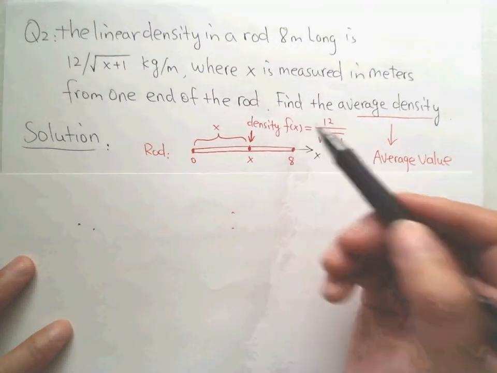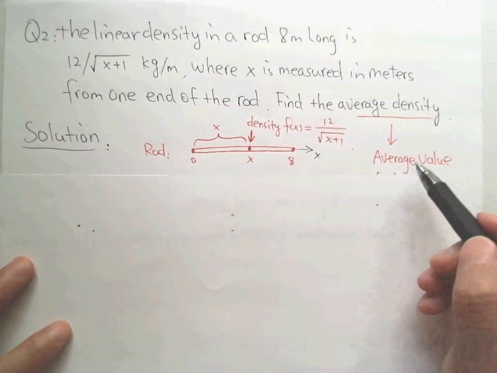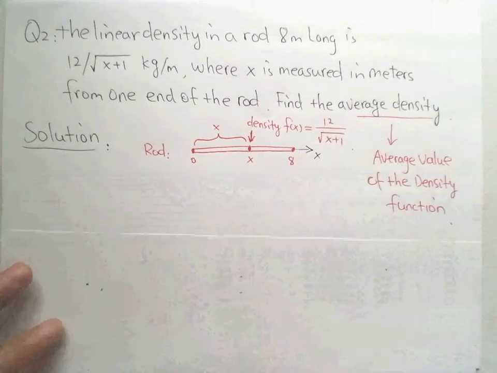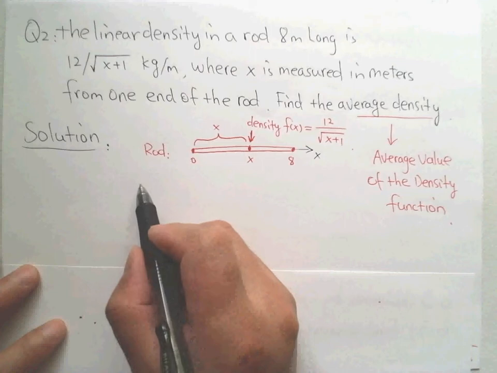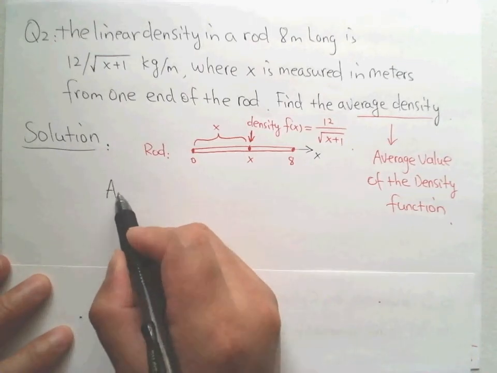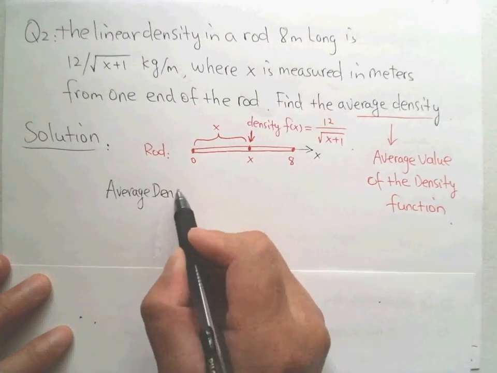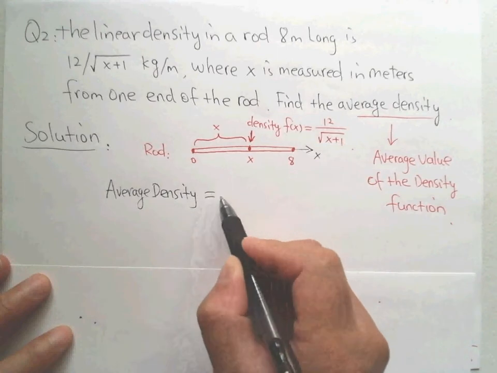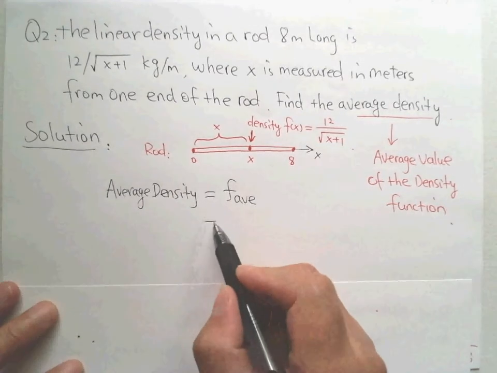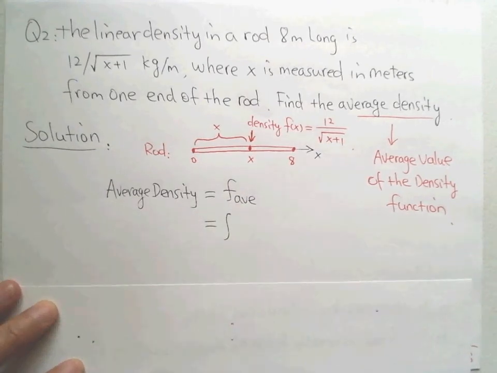So how do we find the average density, the average of this function? We use the average value formula. Now the average density should be f average, which is this integration.